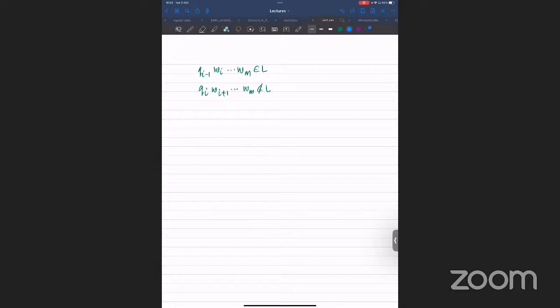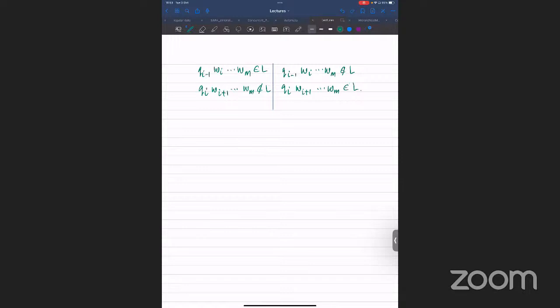This correctness and incorrectness can give you the other way around, that Qi minus 1 Wi to Wm does not belong to L and Qi Wi plus 1 to Wm belongs to L, right?